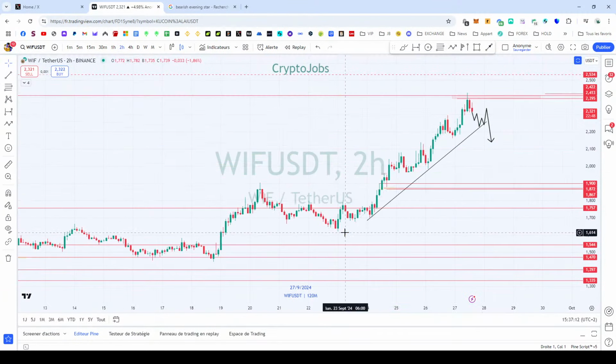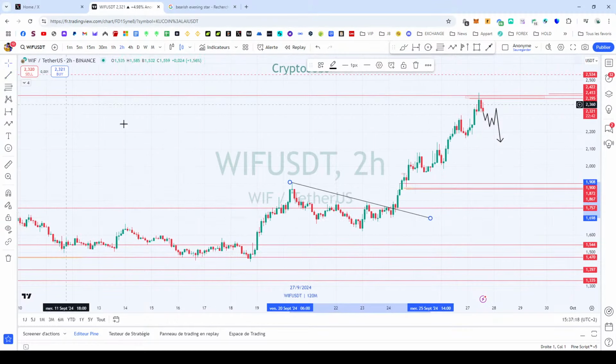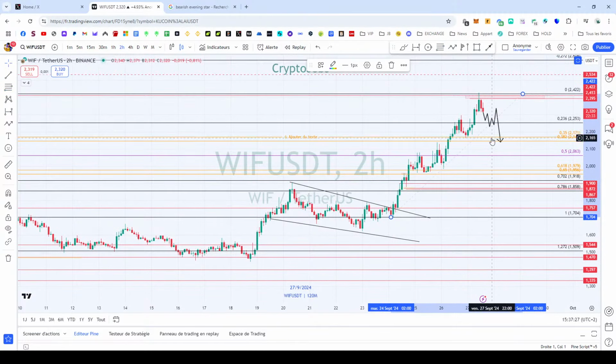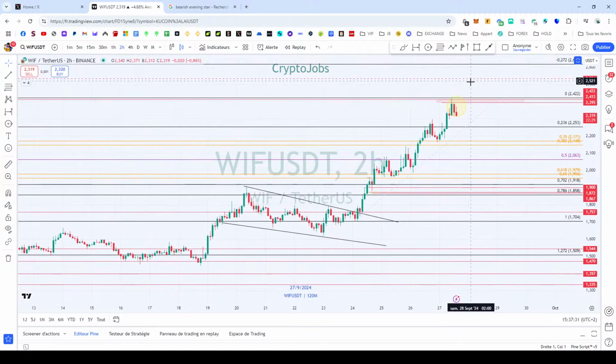Okay, so let me show you from this impulse. So the uptrend, you can see that the uptrend started from this point, maybe this one. You can see that on the H1 I showed you a reversal pattern.